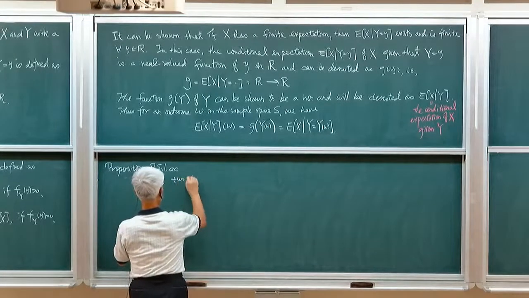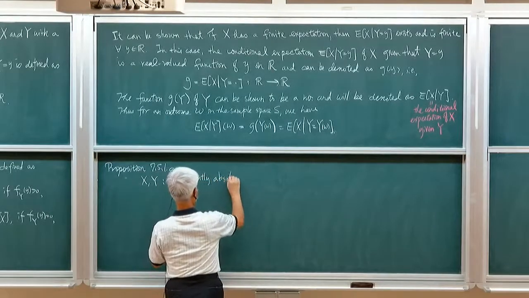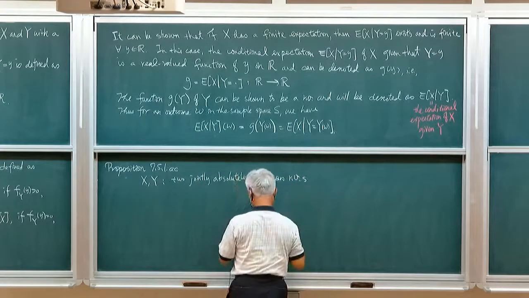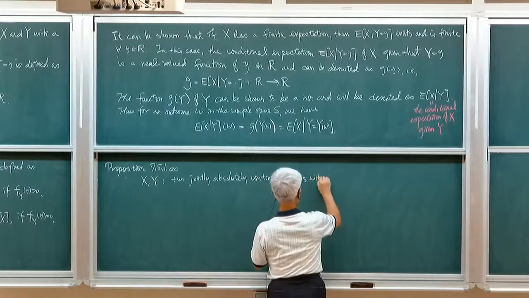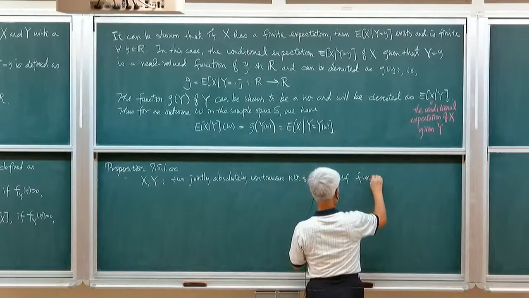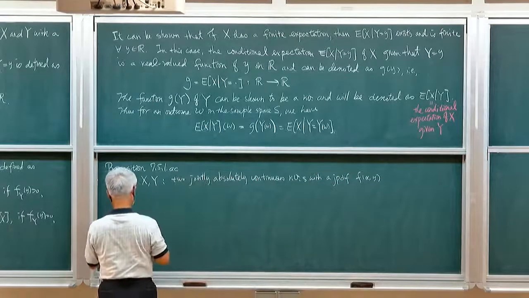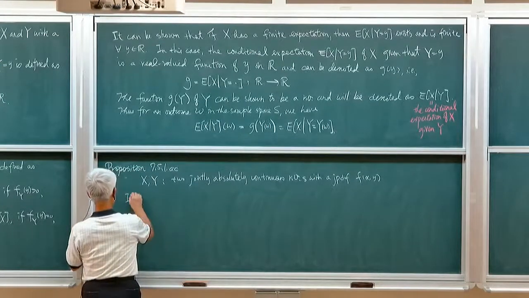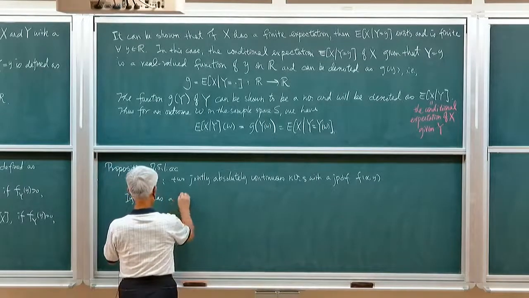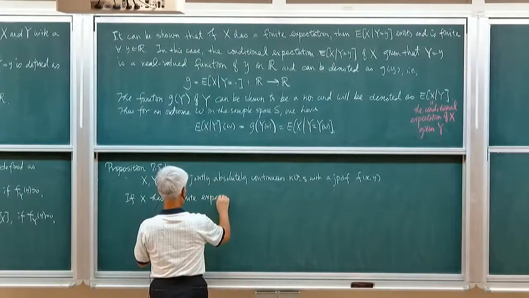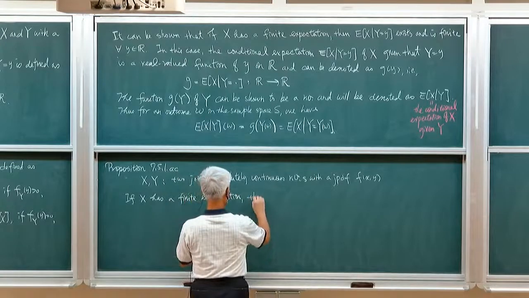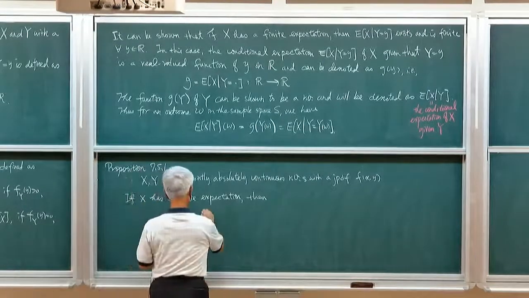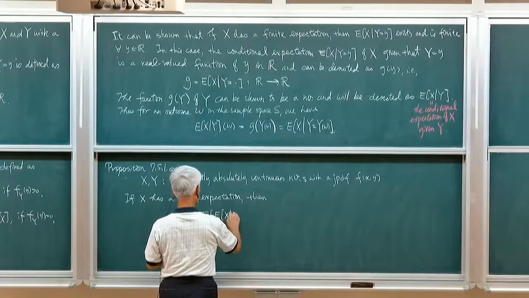X, Y are two jointly absolutely continuous random variables with a joint PDF f of X, Y. Now if X has a finite expectation, then its expectation can be computed in 2 steps.